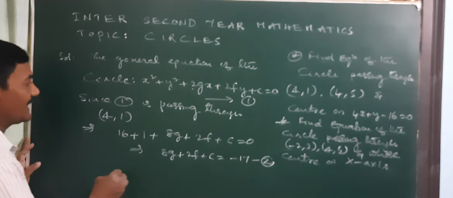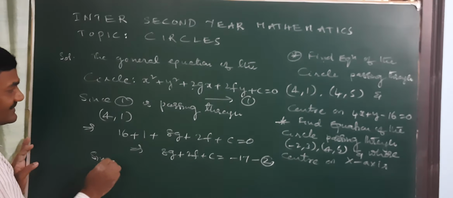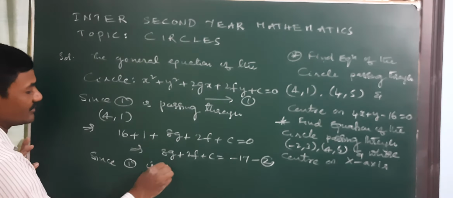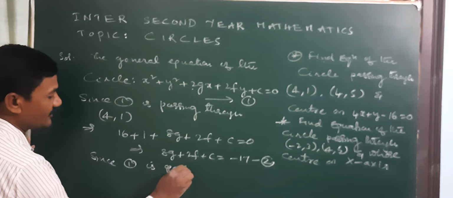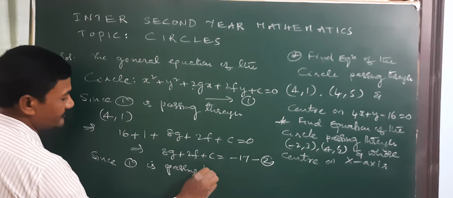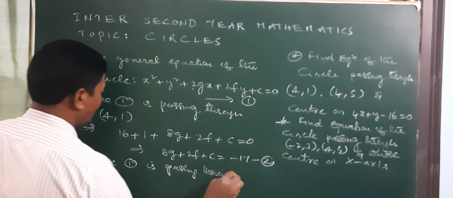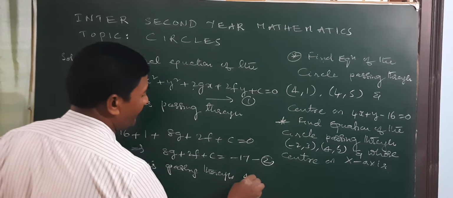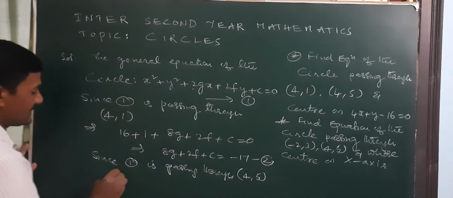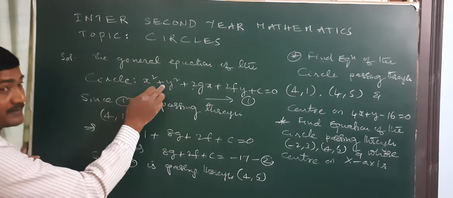Another: since 1 is passing through (4, 5), x is replaced by 4 and y by 5.